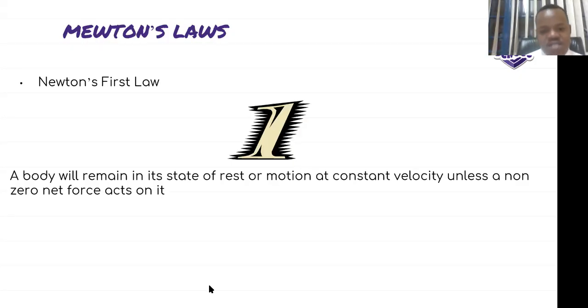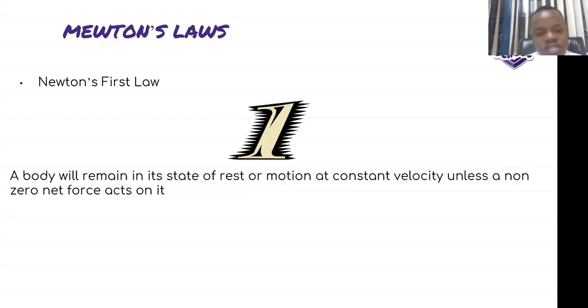Hence, when you look at this law, you can interpret it in two parts. A body will remain in its state of rest unless a non-zero net force acts on it. It means if a non-zero net force acts on it, this object will not remain in its state of rest. That state of rest is only true if the net force is zero.